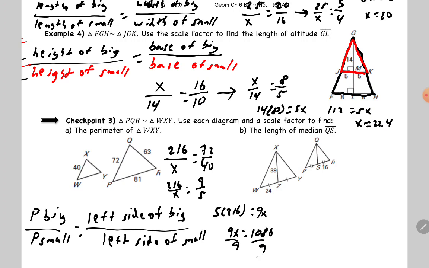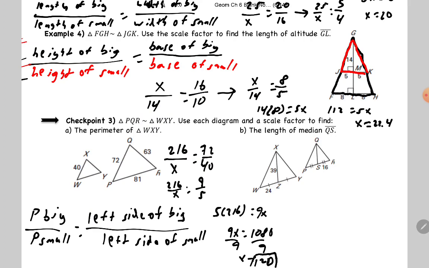Divide by 9, get x equals 120. The reason I caught myself is that I found the perimeter of the small triangle came out bigger than my big triangle, so that can't be the right answer. So I redid it, and now our perimeter is 120.